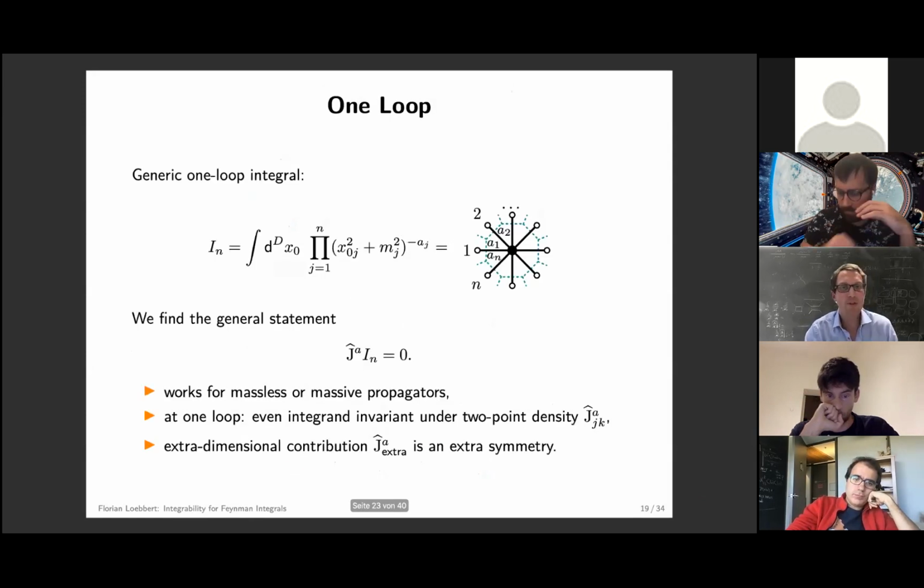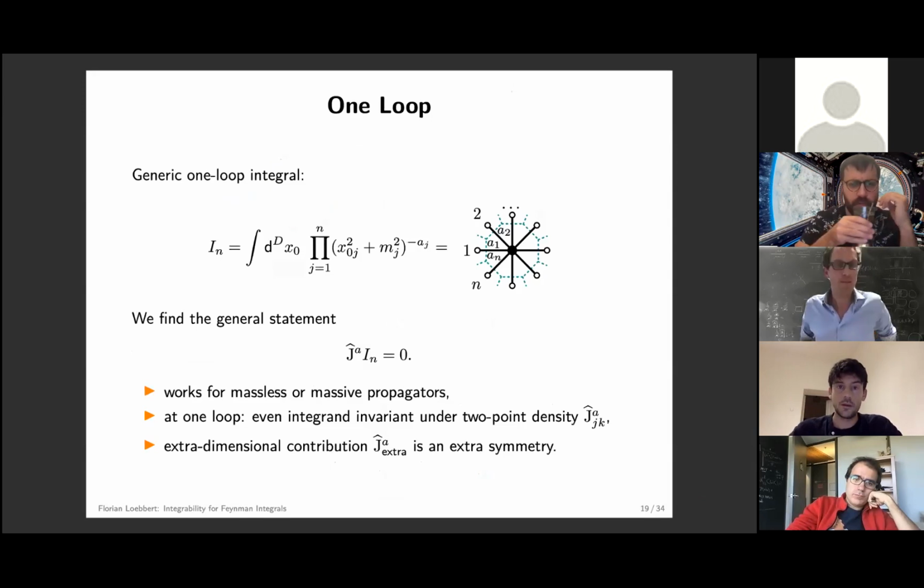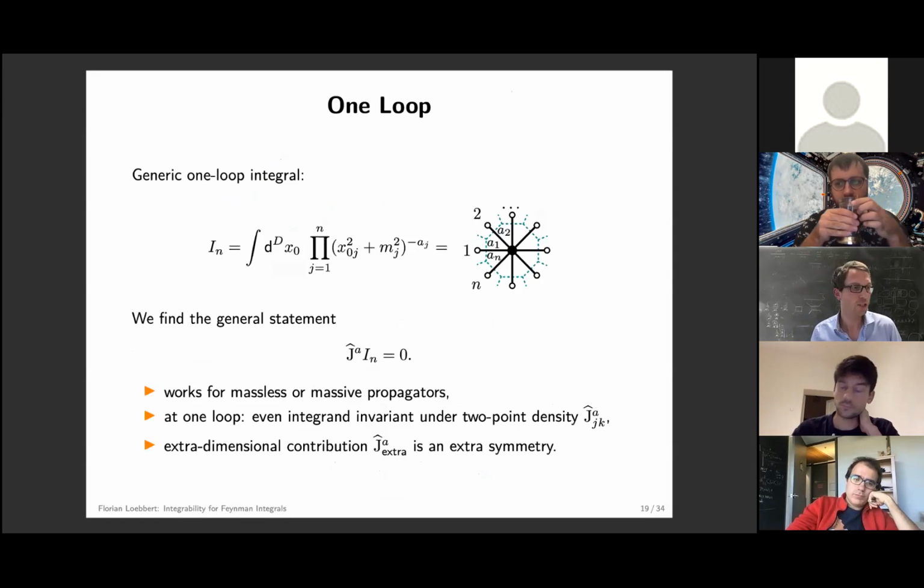So what we then did was to act on massive Feynman integrals, and surprisingly we find that at one loop, actually all of them have this Yangian symmetry, this level 1 symmetry, even if we include these masses. And even more so at one loop, it's not only the integral that's annihilated, but even the integrand. And even this integrand is invariant under the 2-point density of the Yangian, which essentially means that this is a property of the propagator.